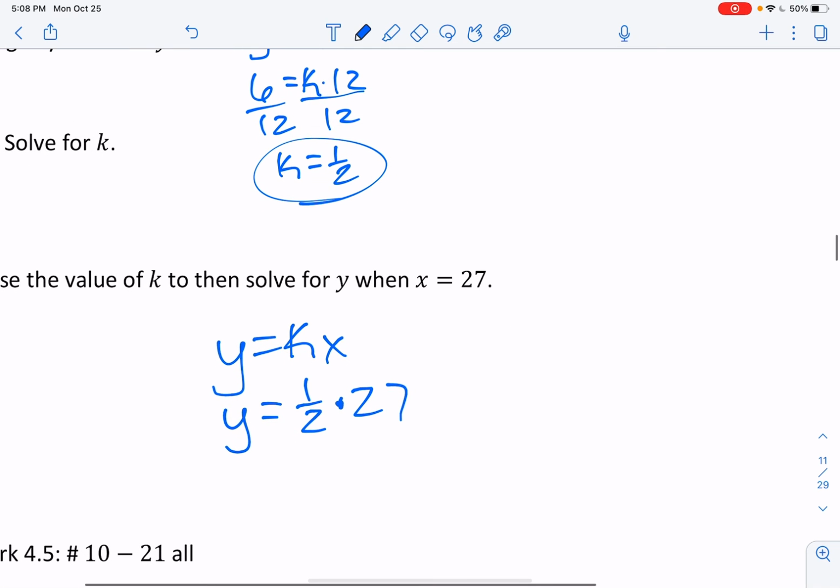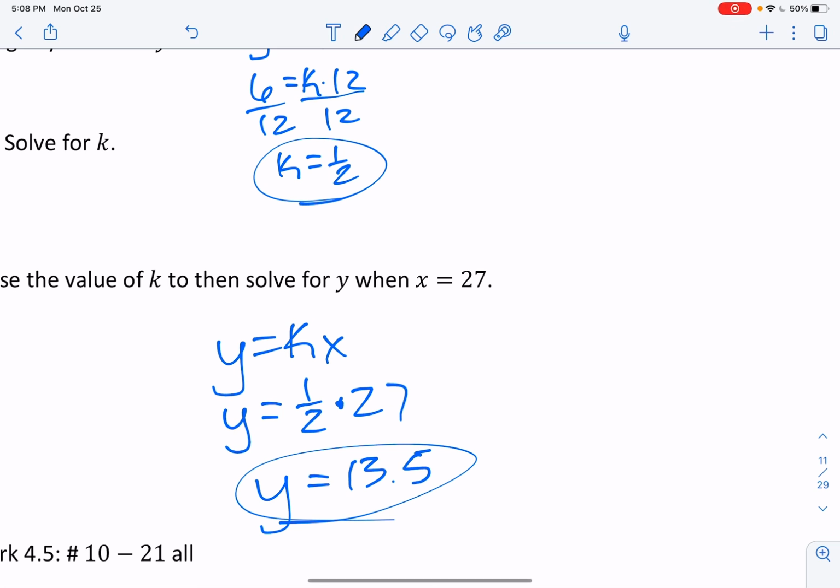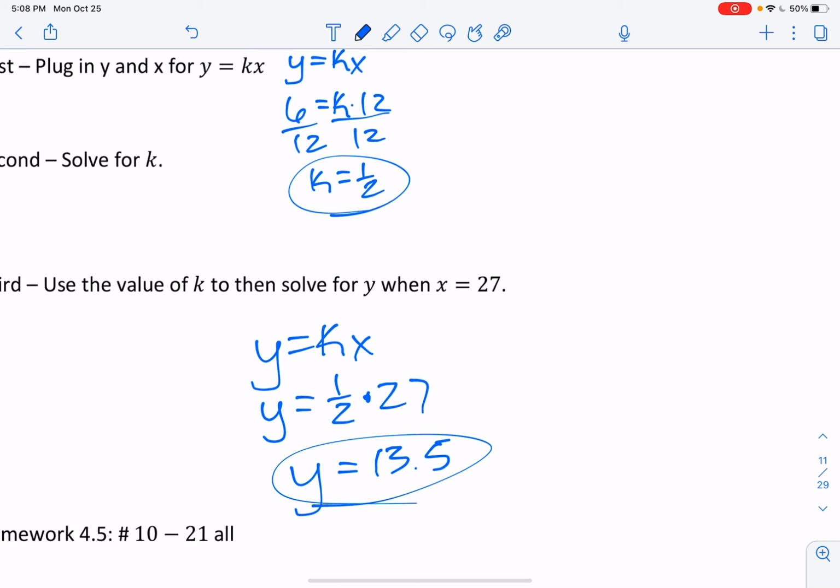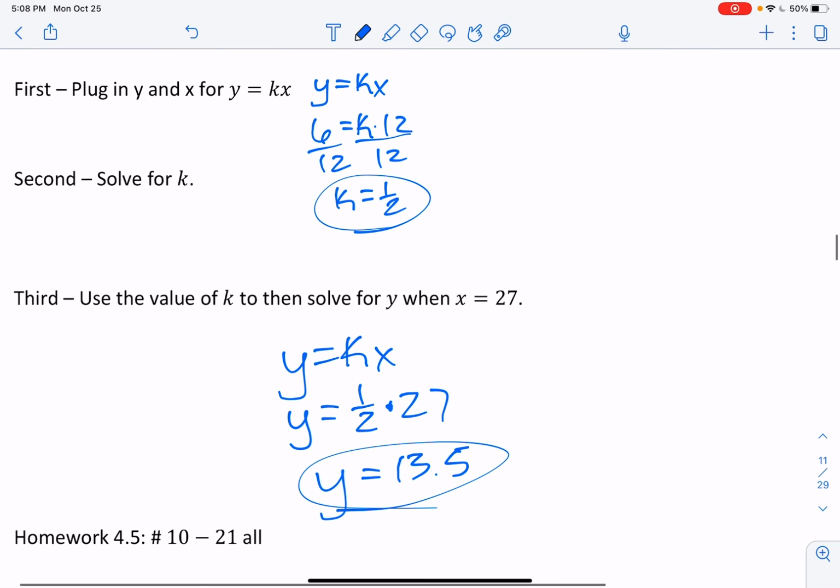So times 27, it's going to be 13.5. There we go. So when we solve for y, when x equals 27, it's going to be 13.5. And that's how you do those. And that is 4.5 direct variation.